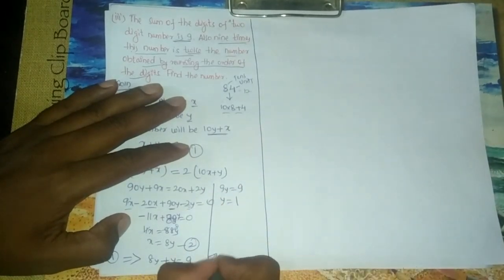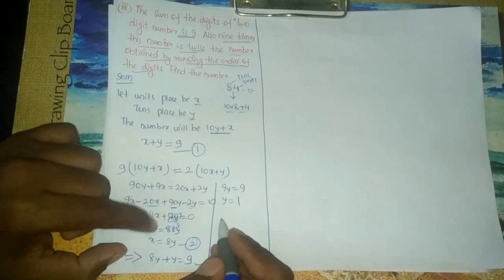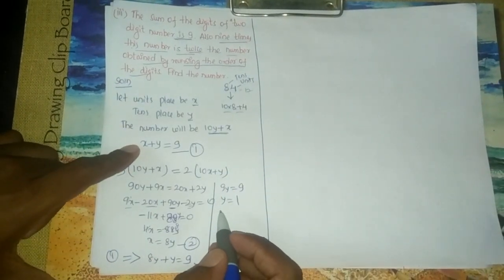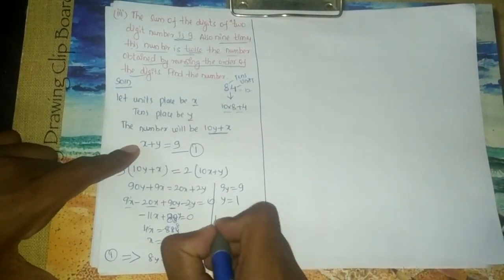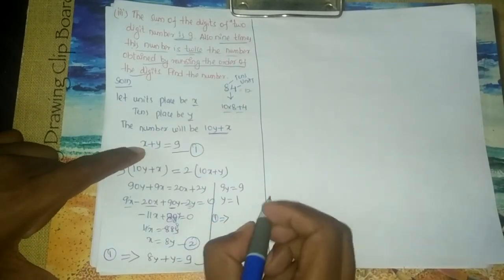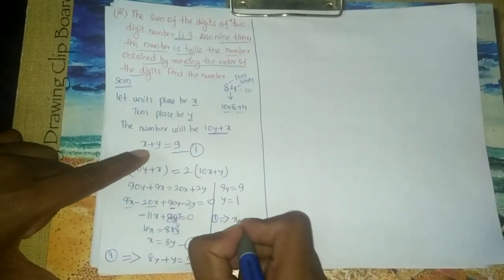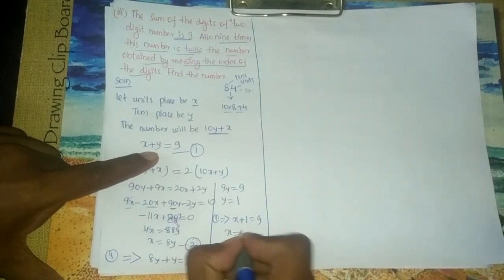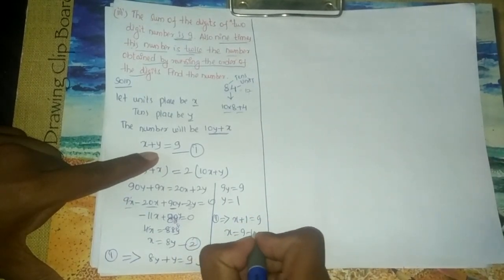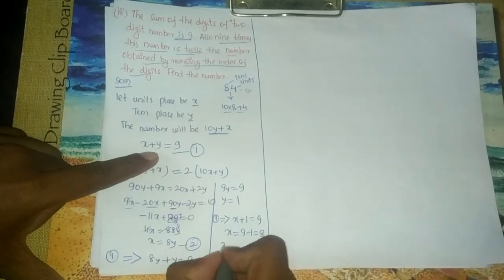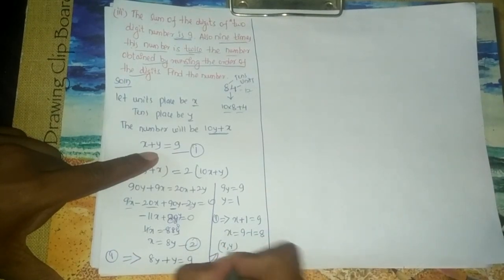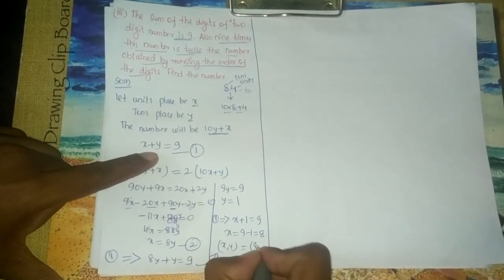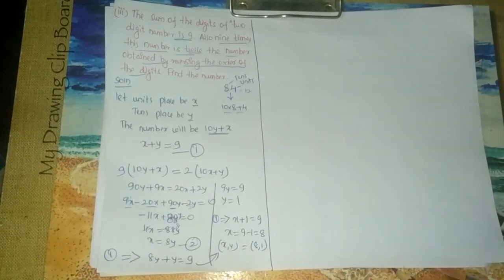y equals 1. So to get the value of x, I have to substitute y as 1 in equation 1. Equation 1 will be x plus 1 equals 9, or x is equal to 9 minus 1, which is equal to 8. So x comma y are 8 comma 1.